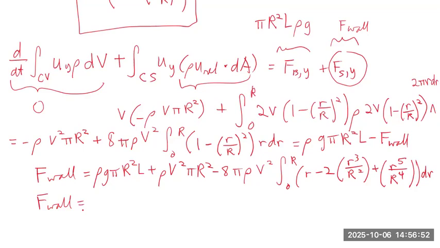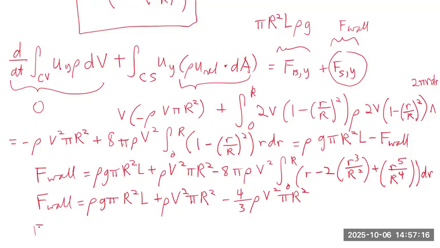You will get that F wall is equal to rho g pi r squared L plus rho v squared pi r squared minus 4 over 3 rho v squared pi r squared. And F wall is going to be equal to rho g pi r squared L minus 1 over 3 rho v squared pi r squared.